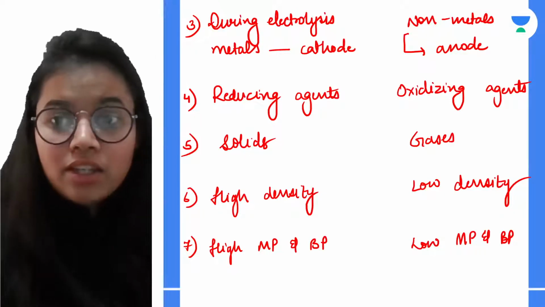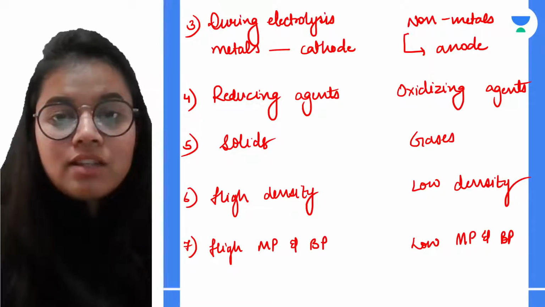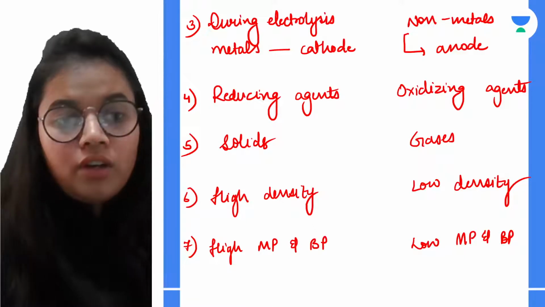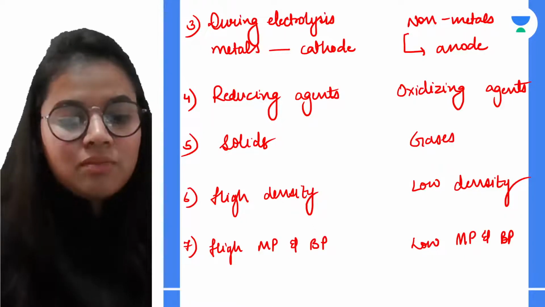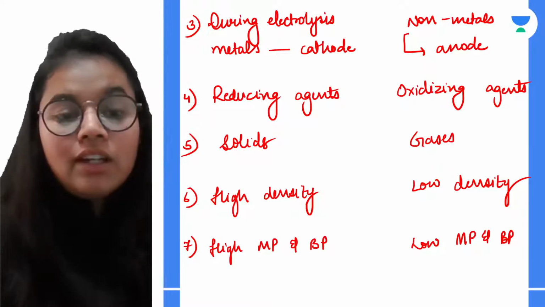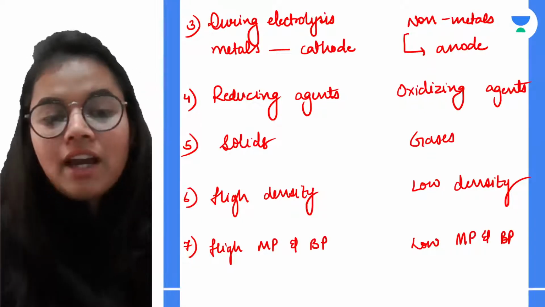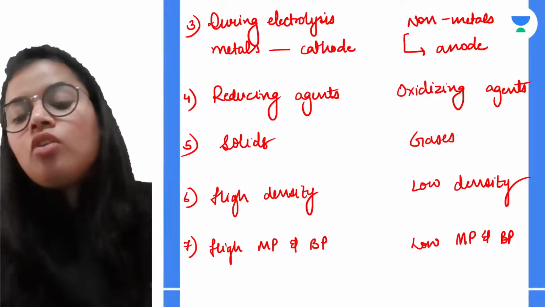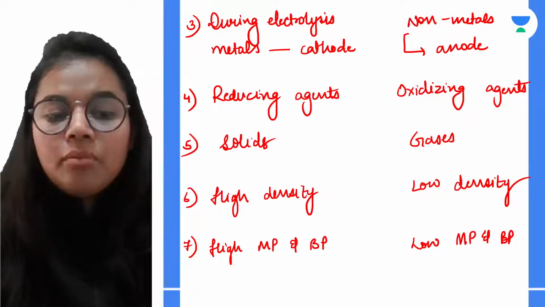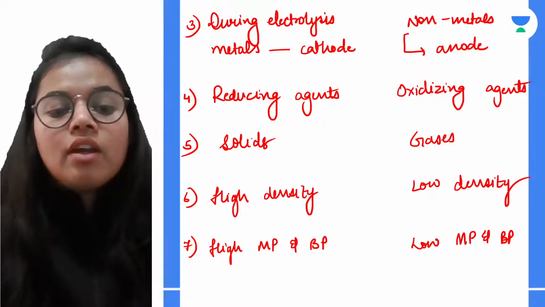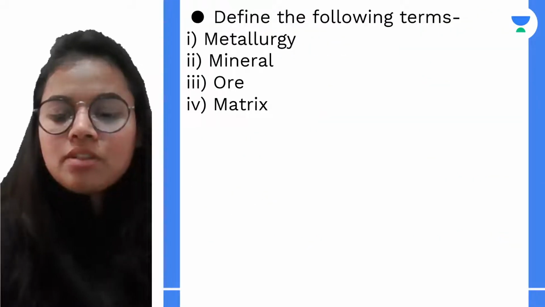Metals are good reducing agents, non-metals are oxidizing agents. Metals are generally solid, with exceptions such as mercury. Non-metals are generally gases. Metals have high density and high melting and boiling points, and non-metals have low density and low melting and boiling points. Please remember the exceptions.